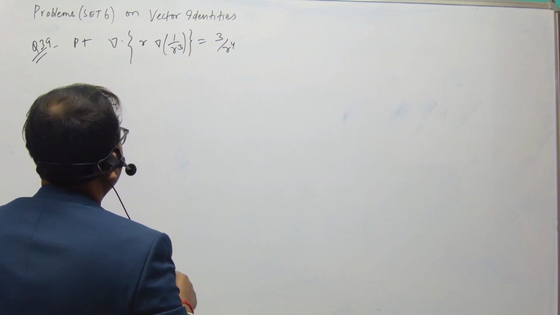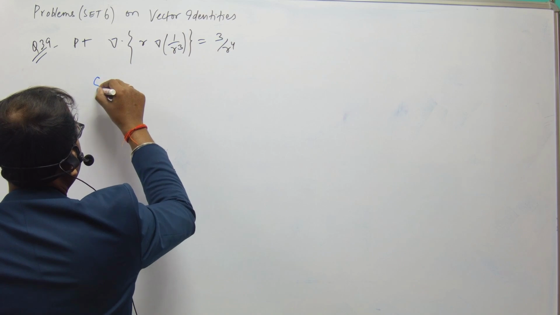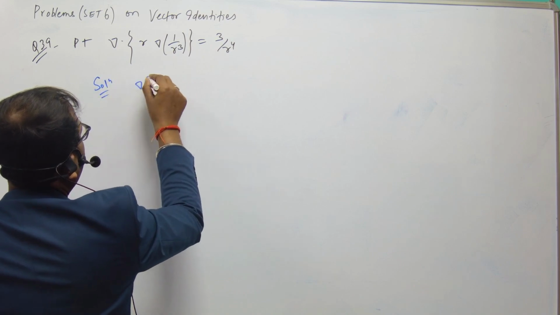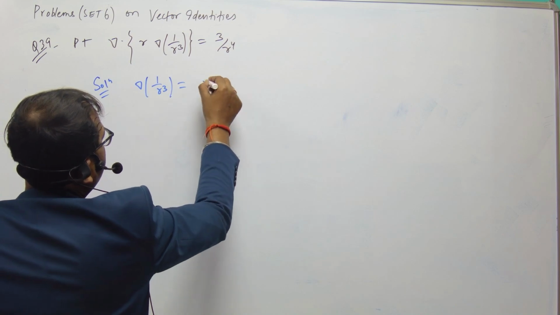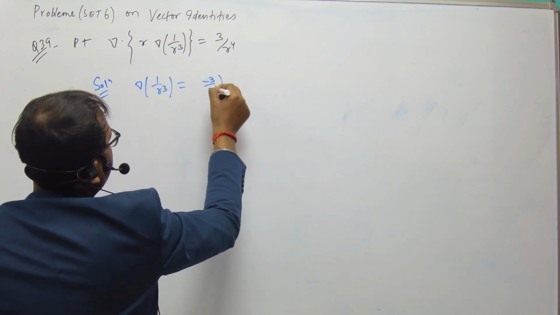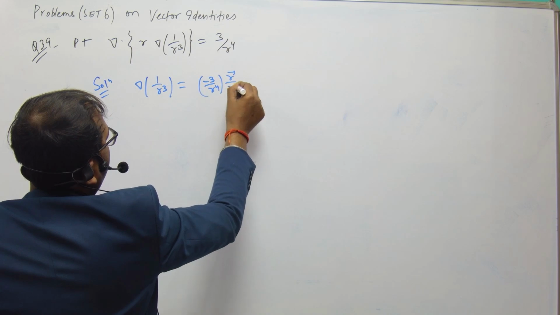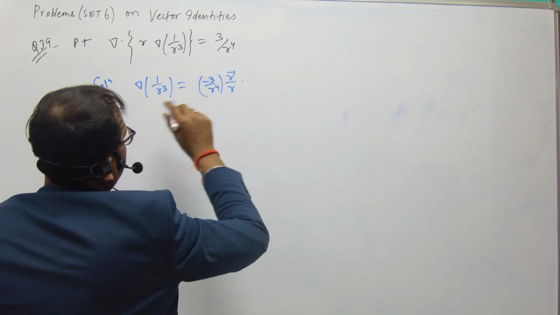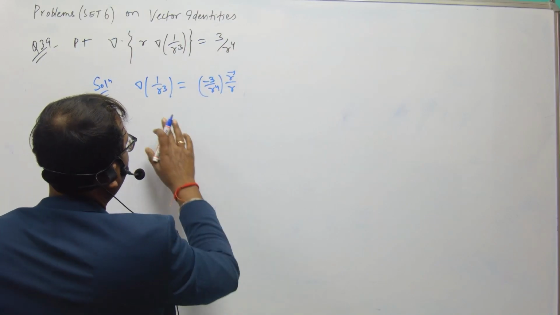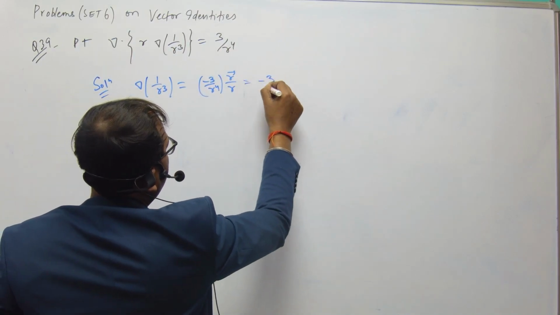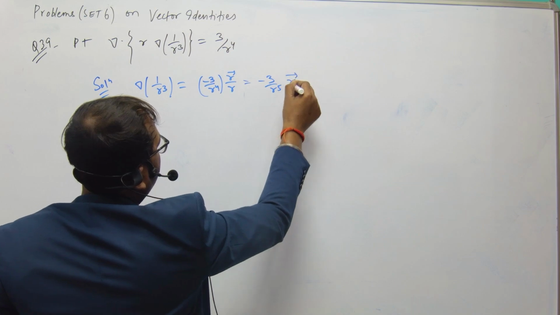Let us find the gradient of 1 upon r cube. This is equal to the differentiation of 1 upon r cube, which is minus 3 upon r4 times r vector upon r, equal to minus 3 upon r5 r vector.